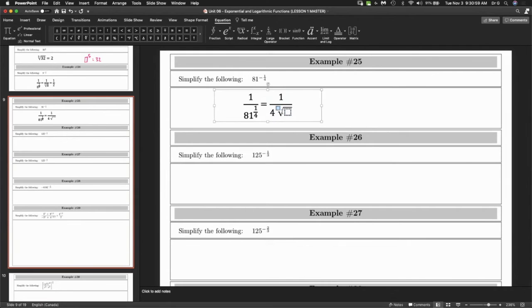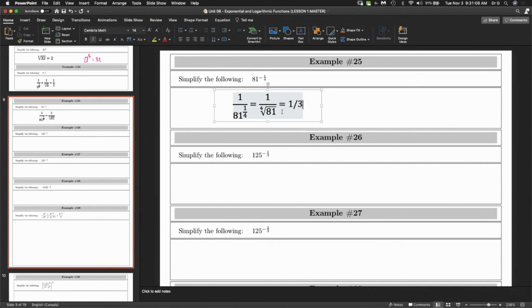Anybody know what the fourth root of 81 is? 3. Thank you, Jai. So that's 1/3. And question 26 is the same thing. So I can just cut and paste this question and replace the 125 here.